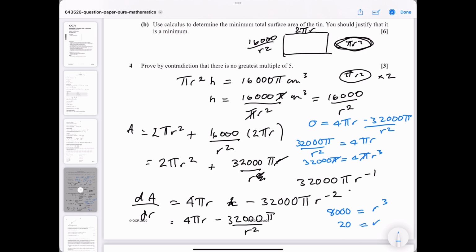Now, how do we know that this is a minimum?